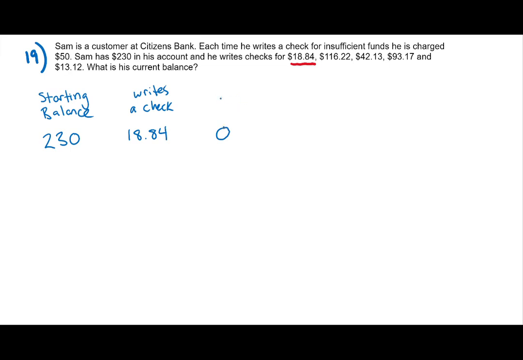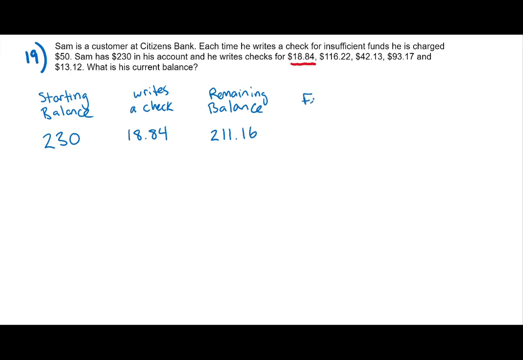So actually, you know what? Before the fee, let's say, what would be his remaining balance? That will tell us whether or not there is going to be a fee. So the remaining balance, if we take $230 and we subtract, remember, if you're writing a check, that money is coming out of your account, so you're subtracting. And if you take out a calculator, you do 230 minus 18.84, you'll get a remaining balance of $211.16.